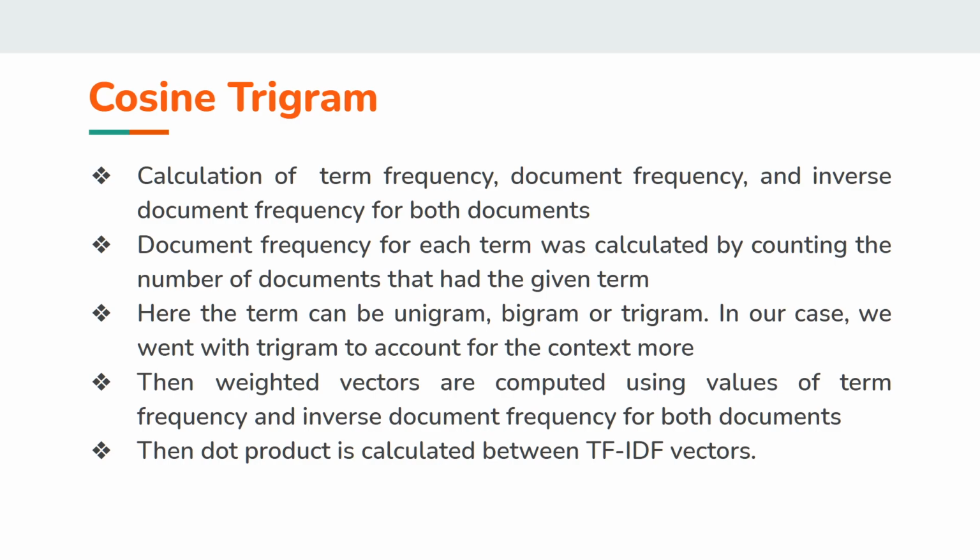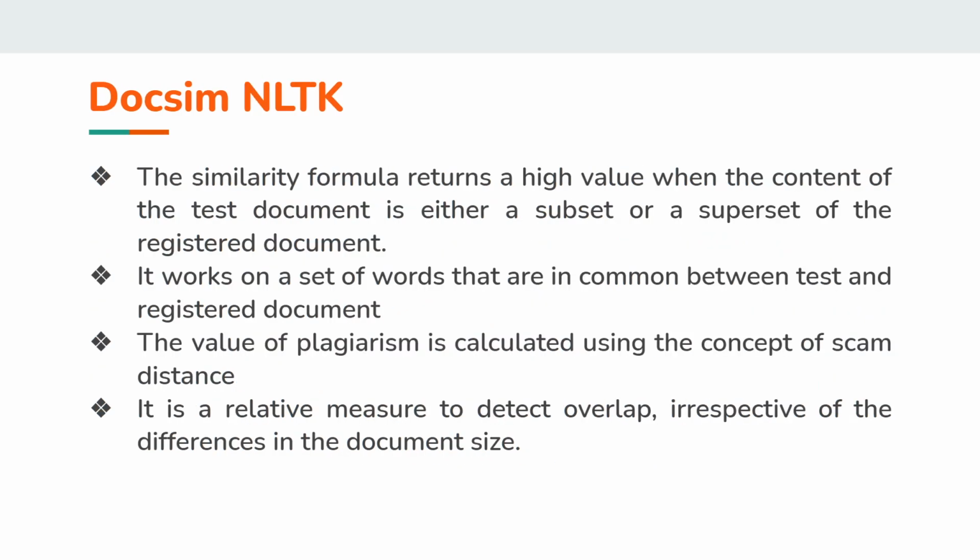We are using trigrams in order to account for context, the actual meaning, in a more suited manner. And then weighted vectors are computed using values of term frequency and inverse document frequency for both the documents. Then dot product is calculated between TF-IDF vectors.